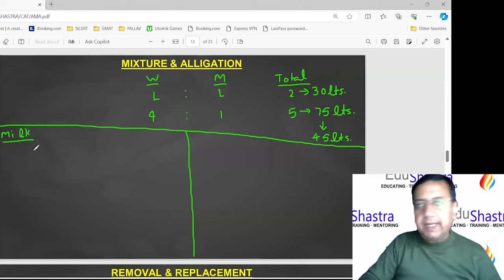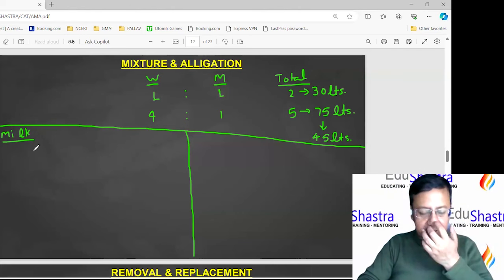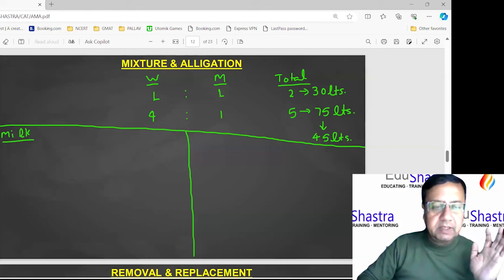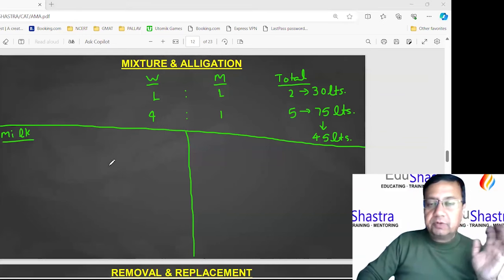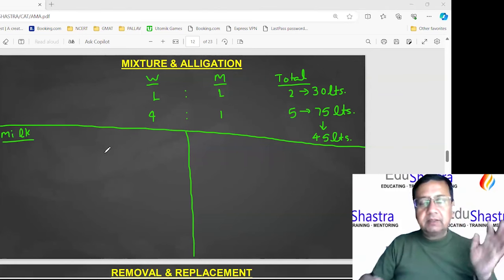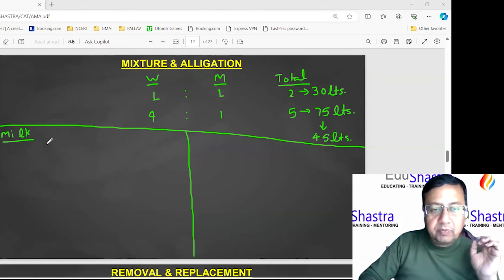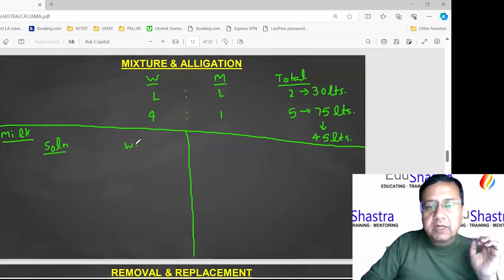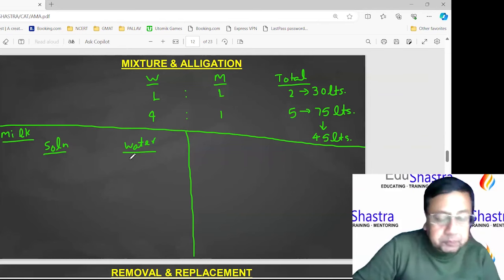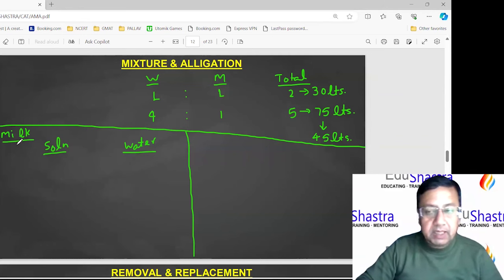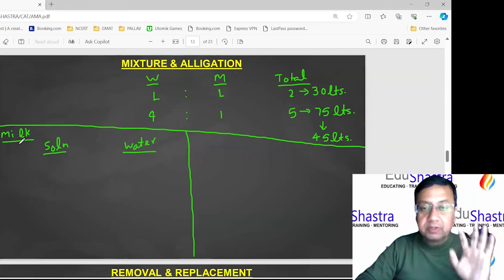Any component can be considered as a base, and then you can solve the question and you will get the correct answer. But yes, the numbers should be correct. So I am taking milk as a base, and the things which you are mixing, one is the solution, in which you have milk and water, and second you have pure water which you are mixing in this solution. And my base is milk. I consider only the milk value, not the water value.